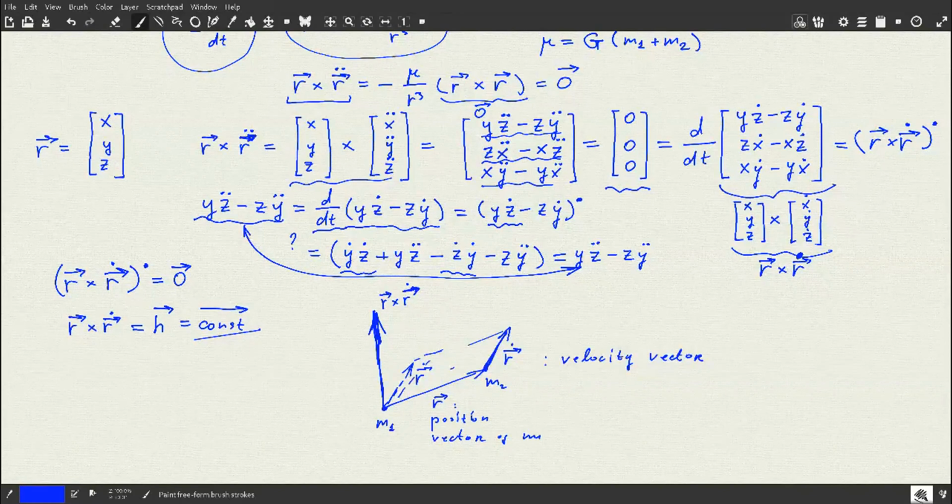You remember the definition of a cross product? Geometrically, it is a vector orthogonal to both multiples. And this is a constant. Which means that vector h is orthogonal to the plane in which r and r dot lie. And this vector is constant. Therefore, both r dot and r lie in that constant plane.